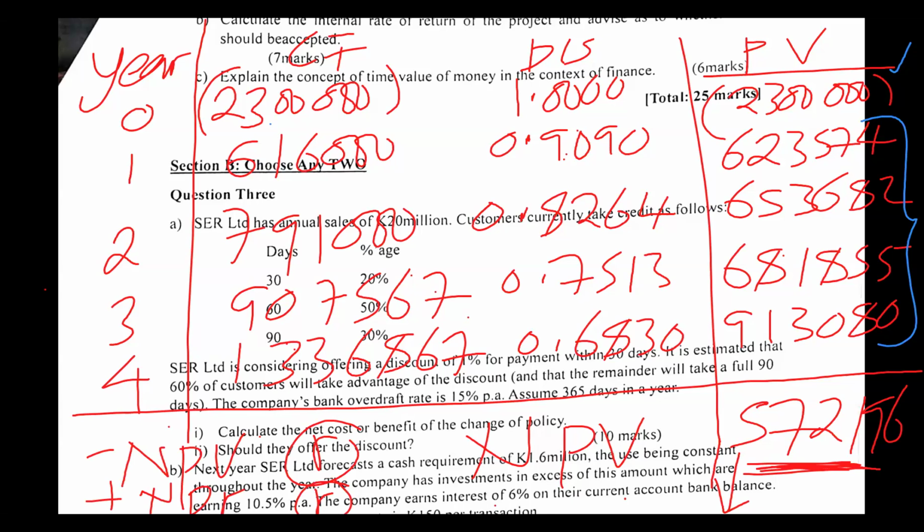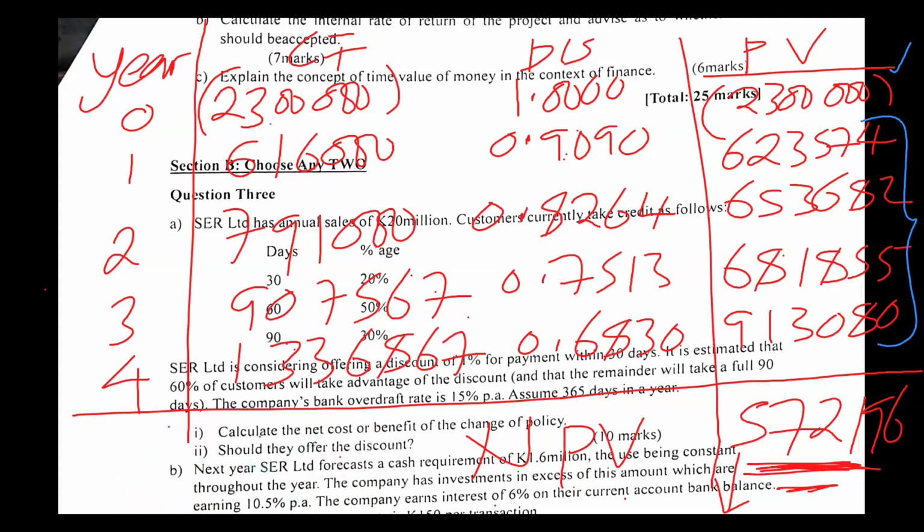When you get these, you can use them to compute the IRR, of which two we already have, isn't it? The one that gives us a positive NPV: the R is 10%, and the NPV is this one. We just need the negative NPV and the new R that will give us the negative NPV. Then use the formula that I introduced to you, and then you can come up with the IRR.